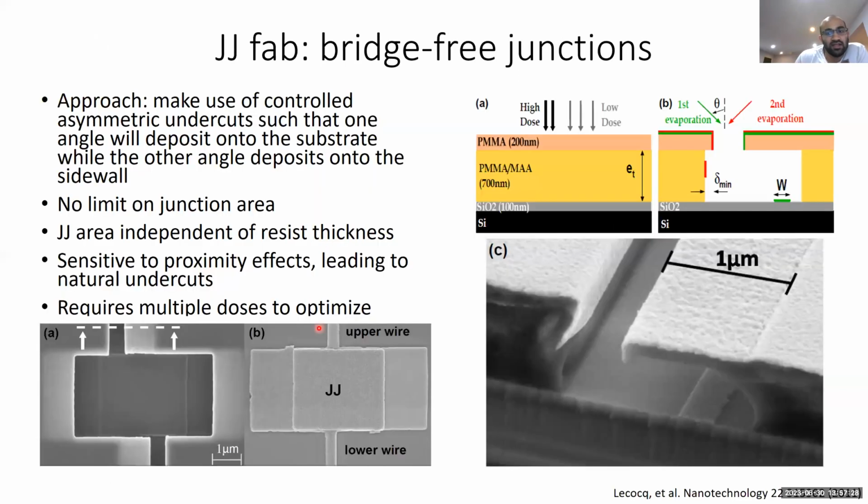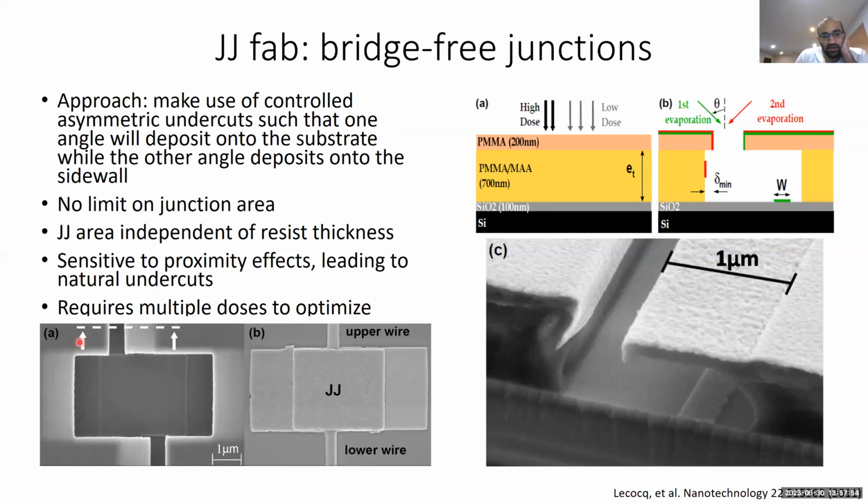Okay, so that's the Dolan bridge process. The next process that I want to go over is the bridge-free process. In the bridge-free process, the approach is to make use of controlled asymmetric undercuts, such that one angle will deposit onto your substrate and the other deposition angle will deposit onto a sidewall.